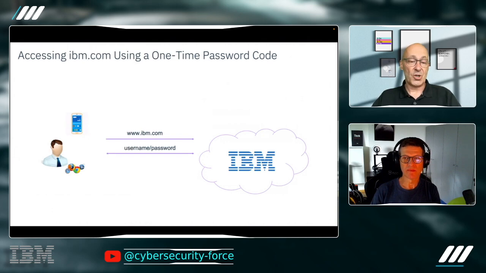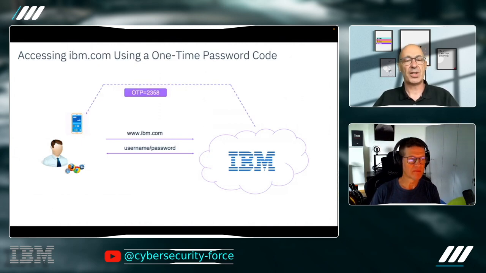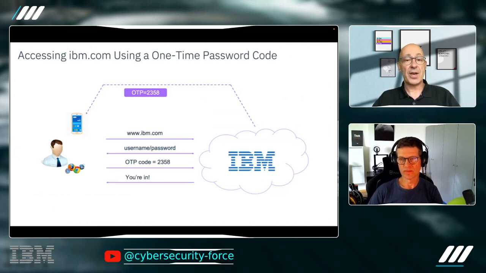He's asked for his username password, and of course he enters his username password, and then the site says, okay, it's multi-factor authentication here, it's strong authentication, here's your one-time password, which is in this case 2358, and then the user grabs that from his email or SMS message, puts that in the form, and then the site says, okay, you're in. So this is the happy flow.